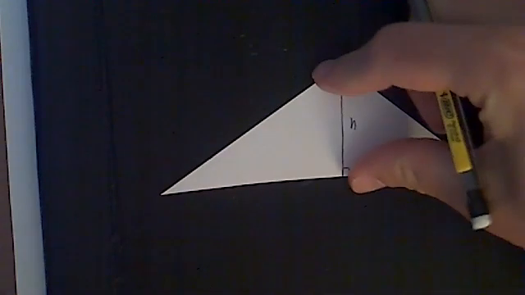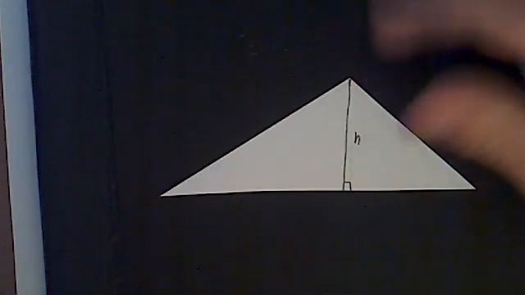All right, what if we wanted to find the area of a triangle? We might already know this, hopefully we do, that it's 1/2 the base times the height. But why is that?